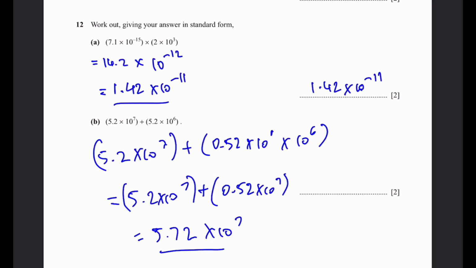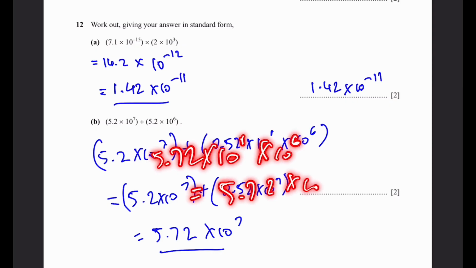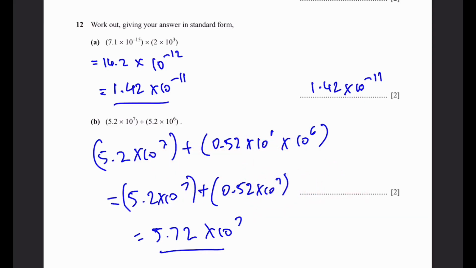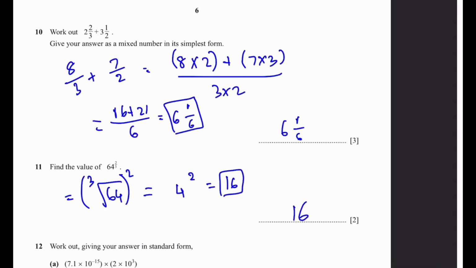So we have to make it as 5.72 times 10 to the power of 1 times 10 to the power of 6. So that's 5.72 times 10 to the 7, which is anyway the correct answer, but requires that last extra step, which is why I did it this way. But both methods are correct. That's our answer. Let's go to question 13.